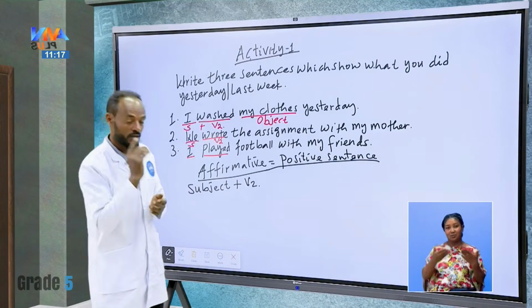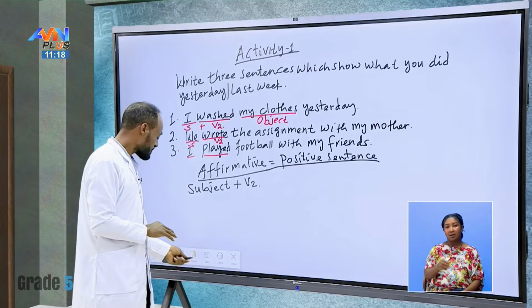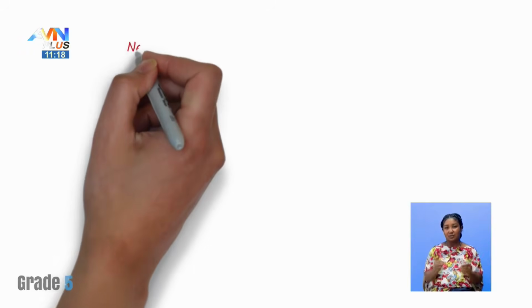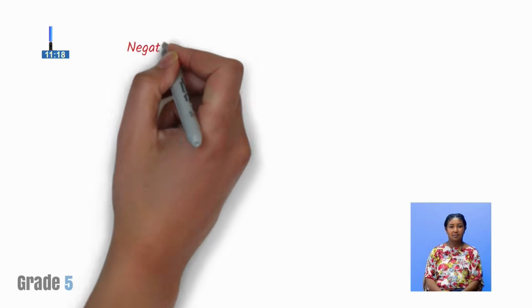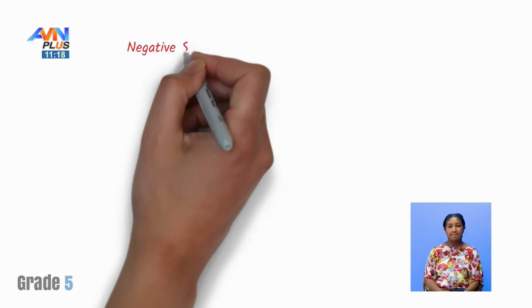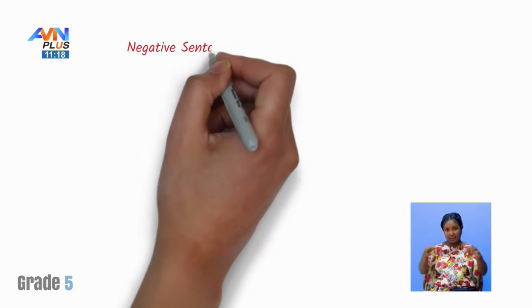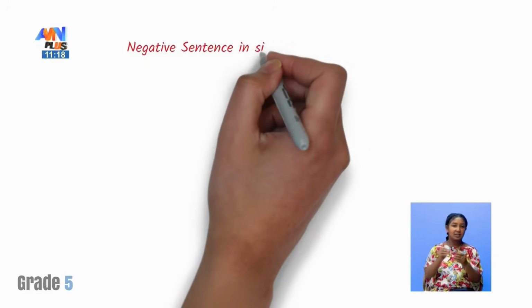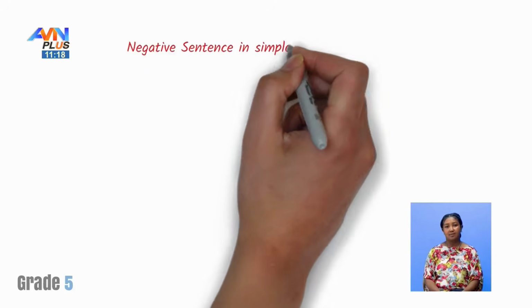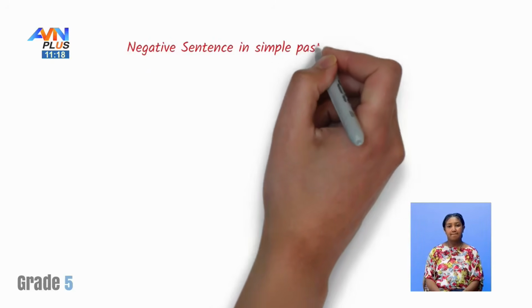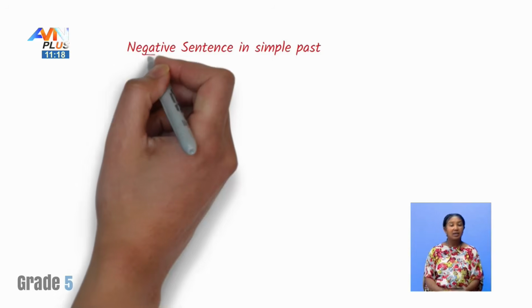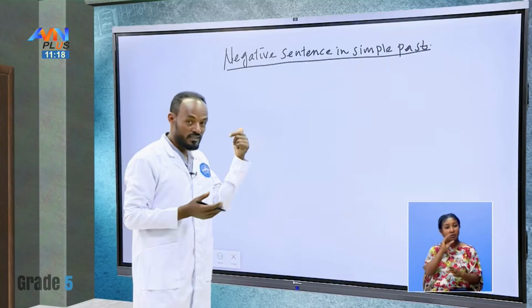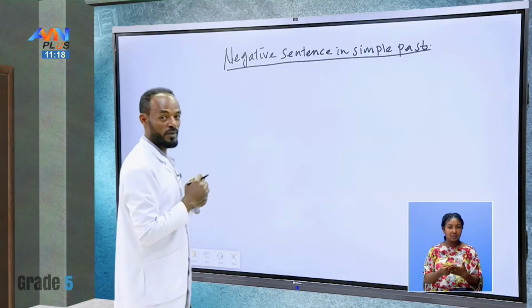Good. Come on. Now let's say something about the negative. The negative sentence in simple past. We talked about affirmative, isn't it?